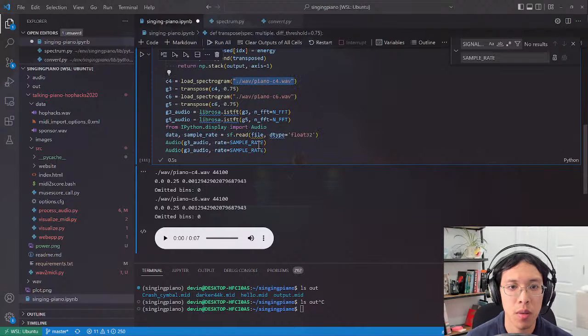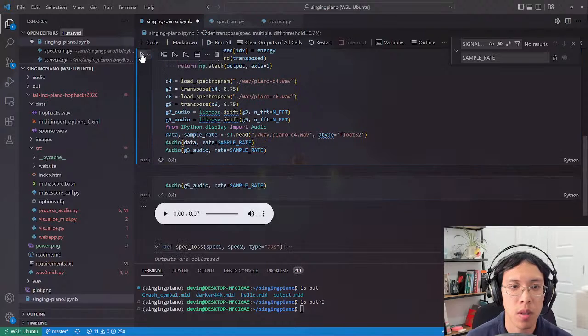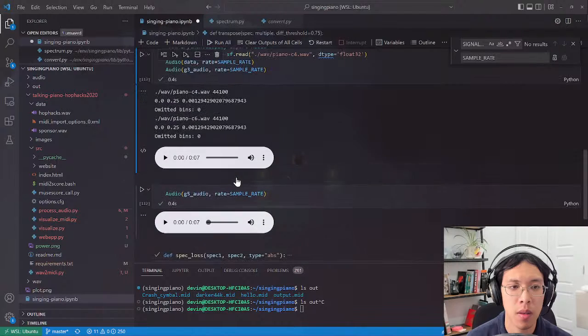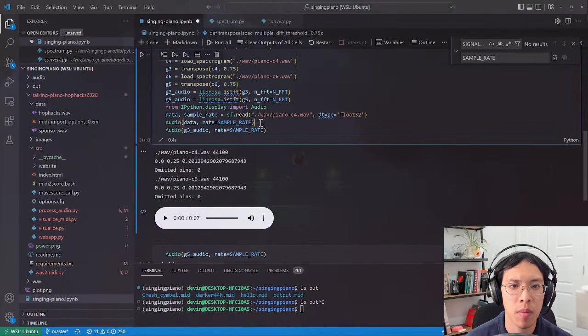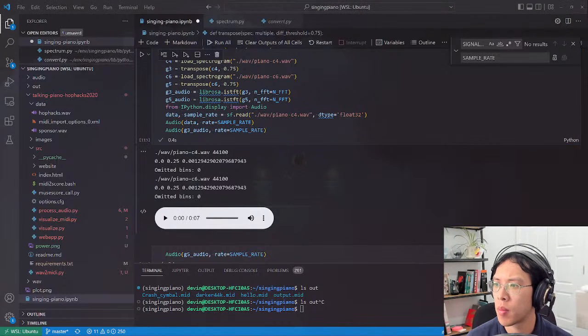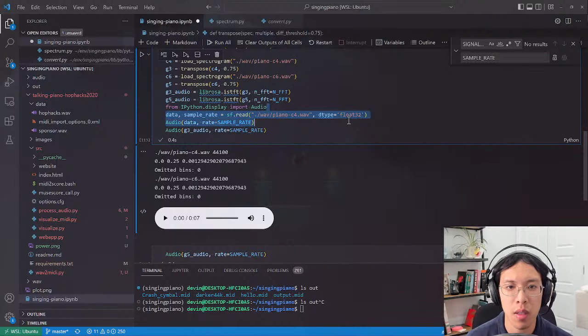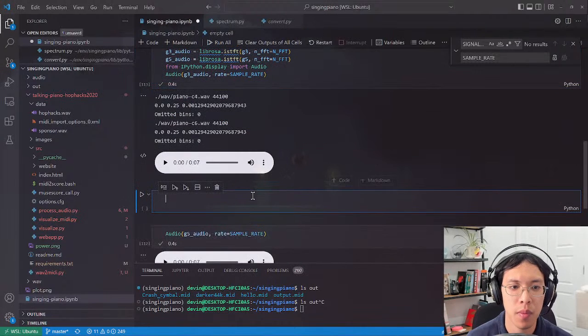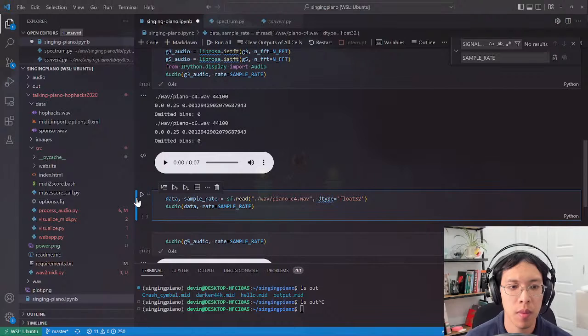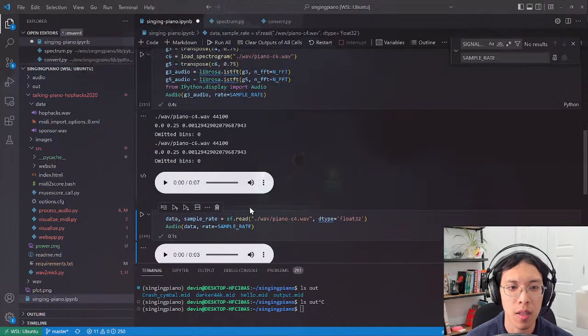If I just do this, can I get the original sound? I don't know why it's only creating one of these though. Okay, that's fine. I will just separate it into its own cell. That's fine. Yeah, okay, so great.